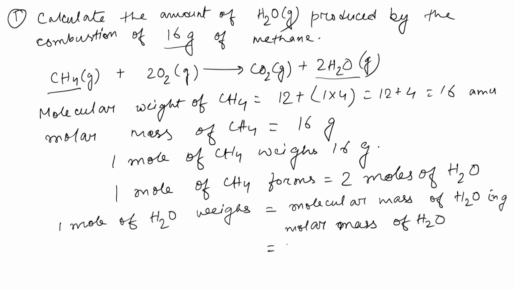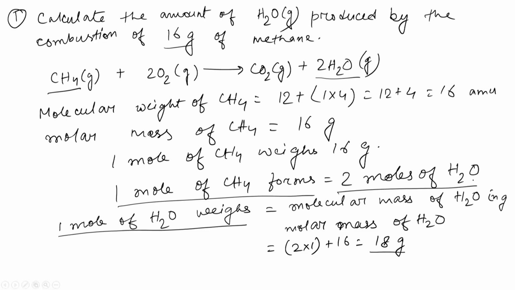So, this is equal to 2 into 1 plus 16. So, 18 grams. Okay. So, 1 mole of water weighs 18 grams. Now, 1 mole of methane forms 2 moles of water. So, 2 moles of water weigh 2 into 18, that is 36 grams.